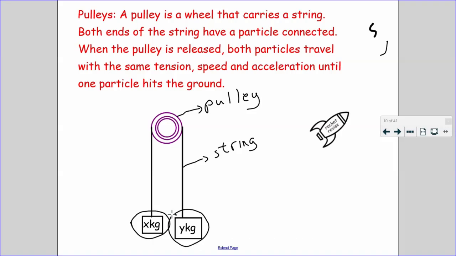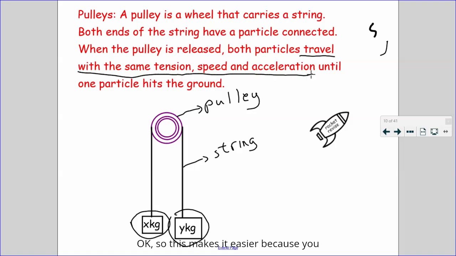Now, before a particle falls to the ground, both particles travel with the same tension, speed, and acceleration. So this makes it easier because you find the tension for one, it's the same as the tension for the other. You find the speed for one, it's the same as the speed for the other, and same with acceleration.